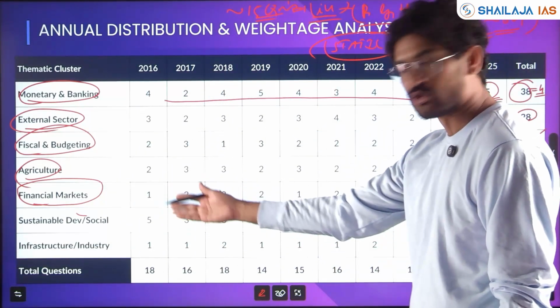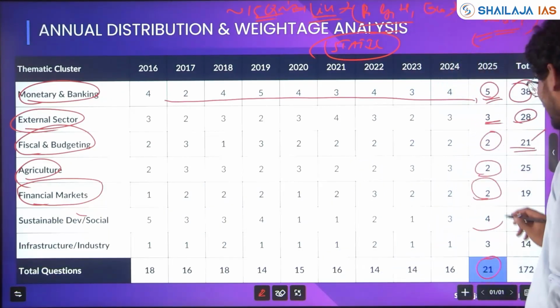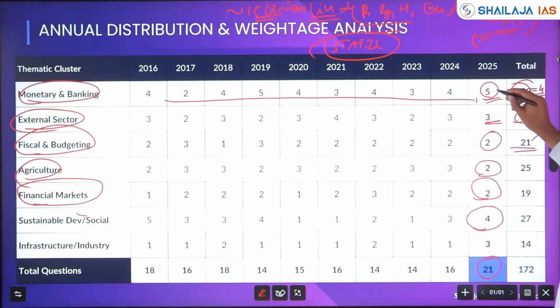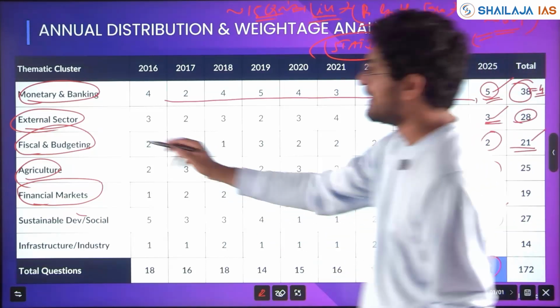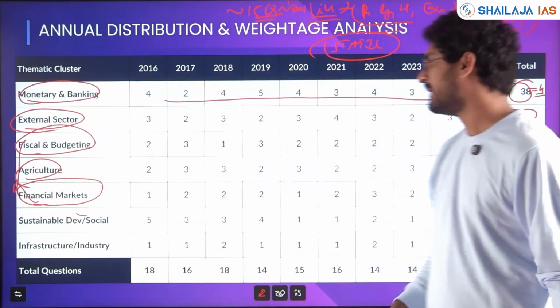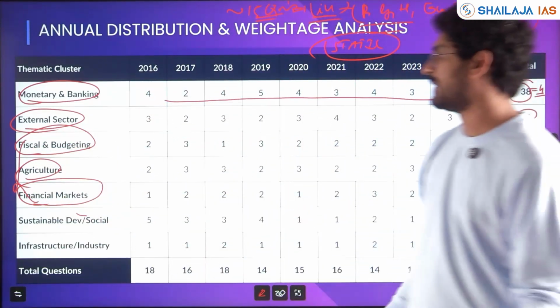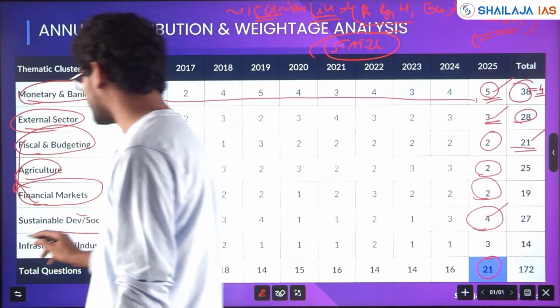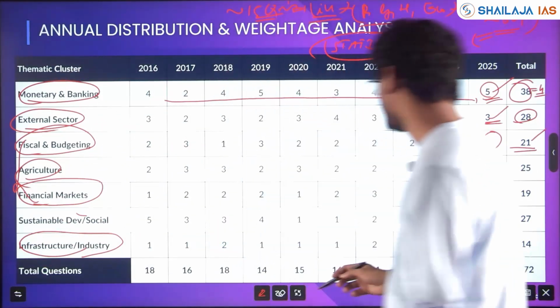Sustainable development, social schemes. There you are getting 3 to 4 questions, okay. 4 to 5 questions on external sector, 4 to 5 questions on sustainable social development, and fiscal and budgeting, agriculture, financial market, 2 to 3 questions every year. Then infrastructure, industrial development, okay, schemes related to that.